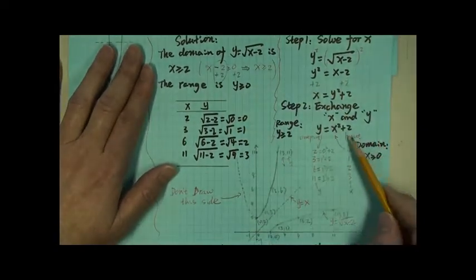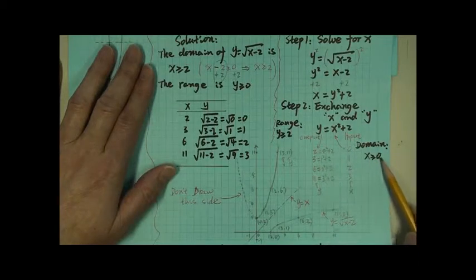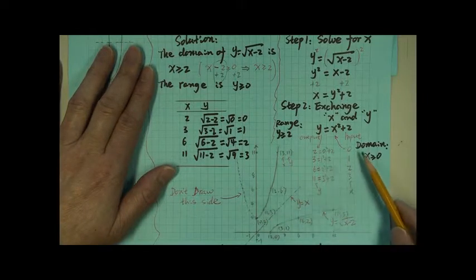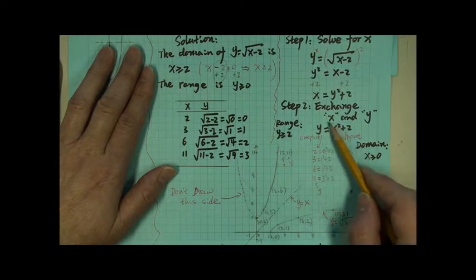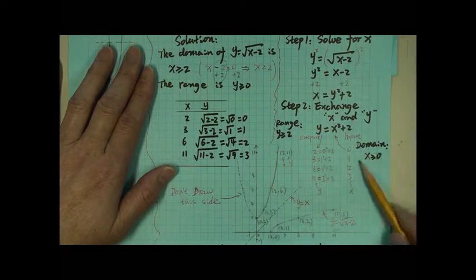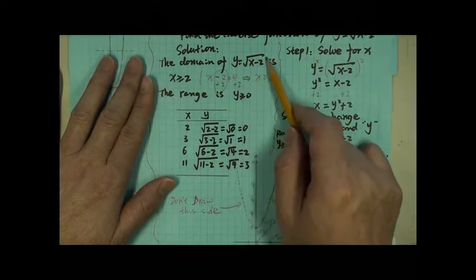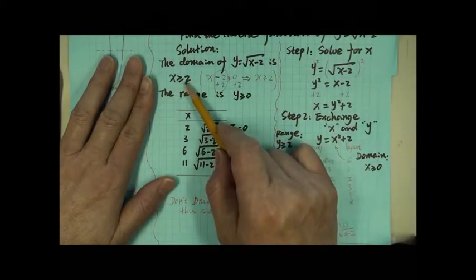Okay, so in order to be the inverse, x must be greater than 0. So that's why we only consider this part. Okay, we say the domain of this one is greater than 0, then this function with domain greater than 0 will be the inverse of this one with domain x greater than 2.